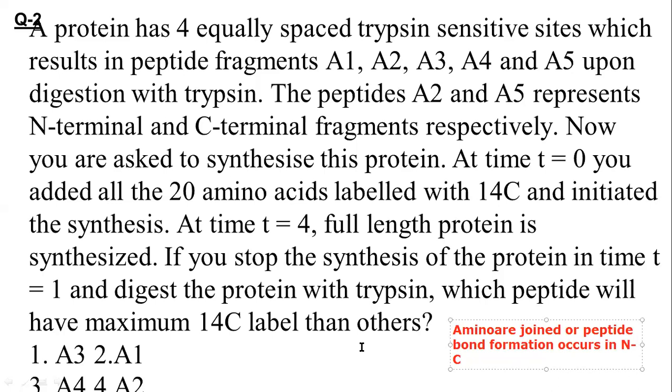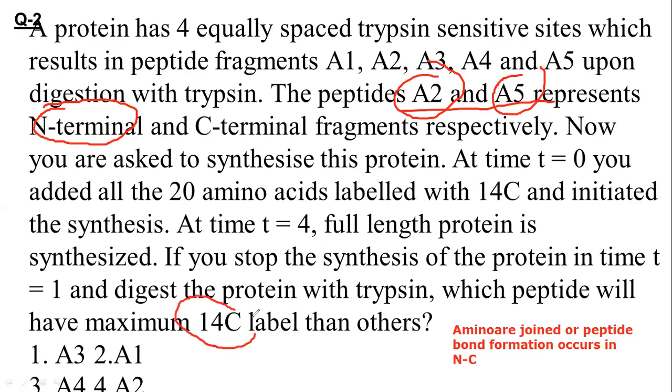So here the options are given. The peptides A2 and A5: A2 represents the N terminus region, and the C terminus is A5. So the maximum C14 label will be in which region? It's the A2 fragment.